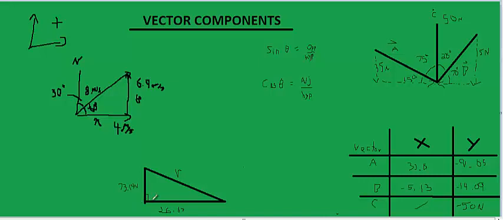So now we know two sides and we know the containing angle, so we can actually find a resultant using cos law. So that would be c squared equals a squared plus b squared minus 2ab cos theta.